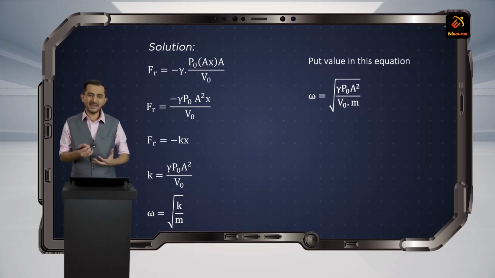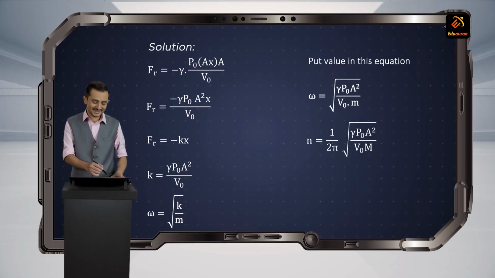Where there is omega, we use 2 pi n. Further rearranging this equation, we get the formula for frequency n: n equals 1 upon 2 pi under root of gamma into P naught into area squared, the whole upon V naught times mass M.